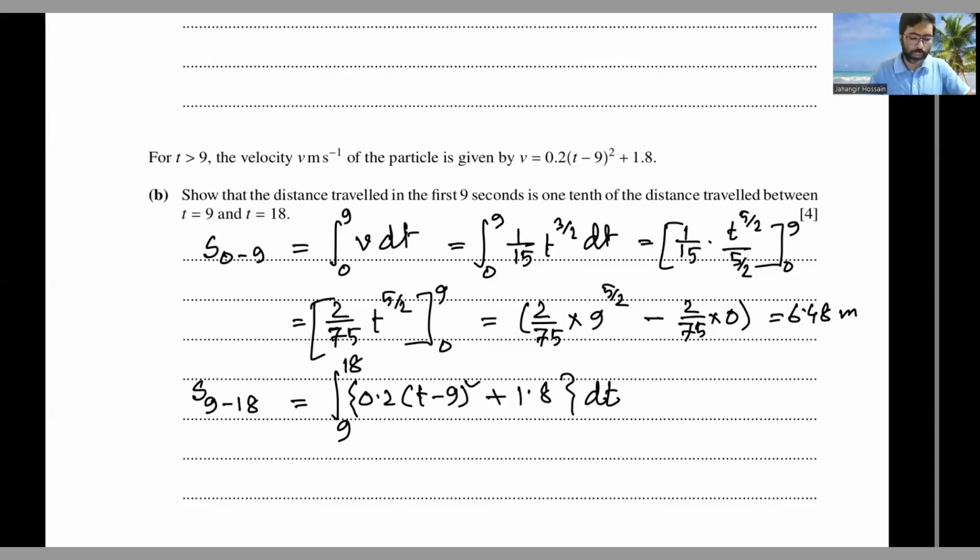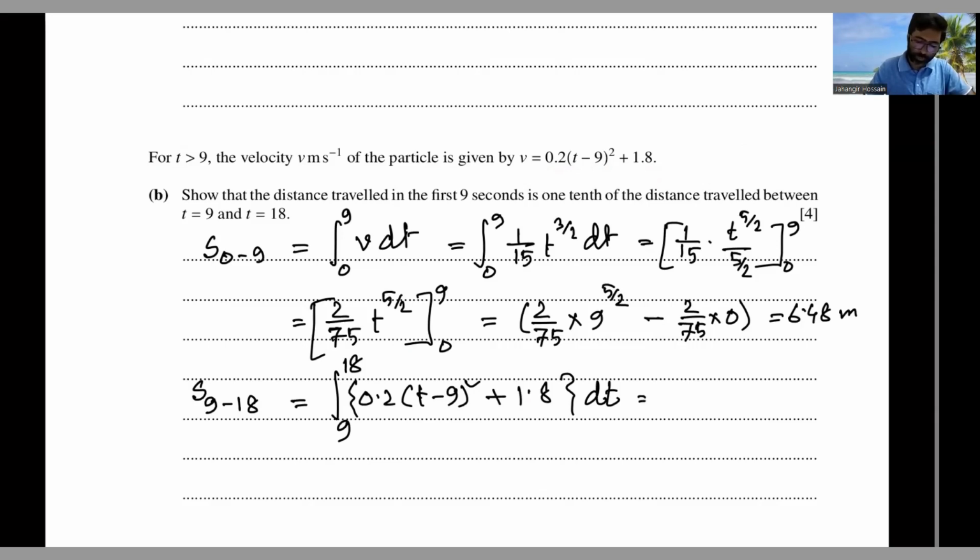The velocity here is a quadratic expression of t, and it has its minimum at t equal to 9. Afterward, velocity increases, so it will always remain positive during this interval. So there is no issue of returning. So you integrate in this interval, and you get the distance traveled.